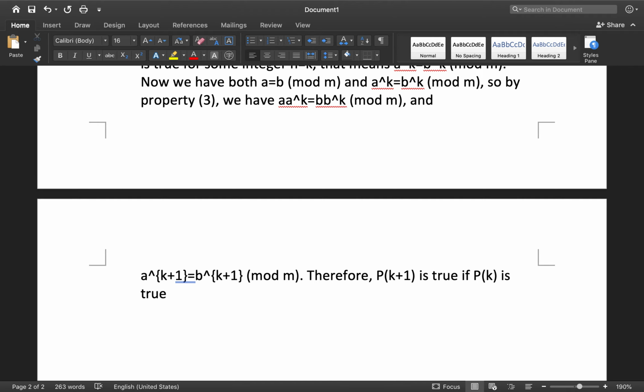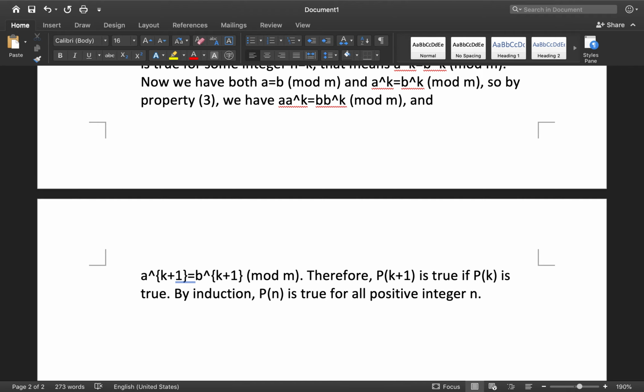So once you finish, by induction, P n is true for all positive integers n. Okay, so we proved property number 4.